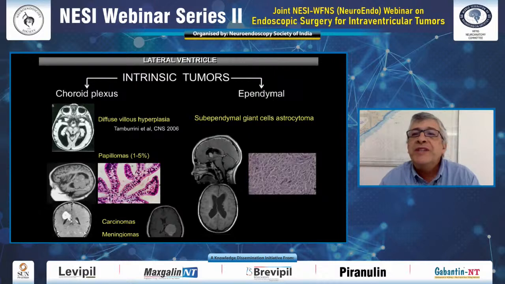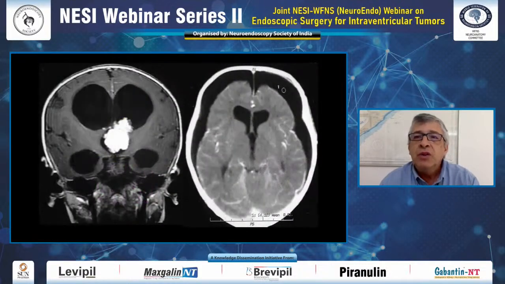So what about the kind of tumor? You have the intrinsic tumors derived from the choroid plexus, papilloma, carcinoma, sometimes intraventricular meningioma, or derived from the ependyma, the subependymal giant cell astrocytoma. Look at that choroid plexus papilloma in the third ventricle. I completely agree with Professor Goel.